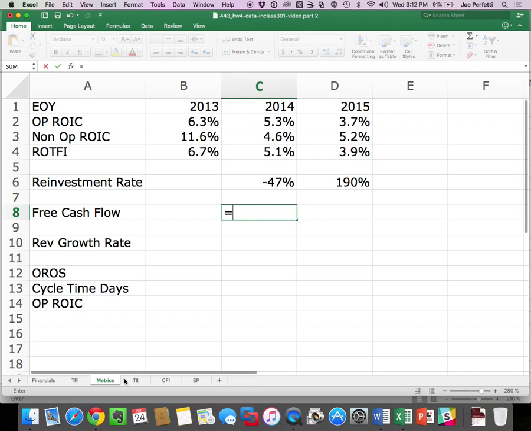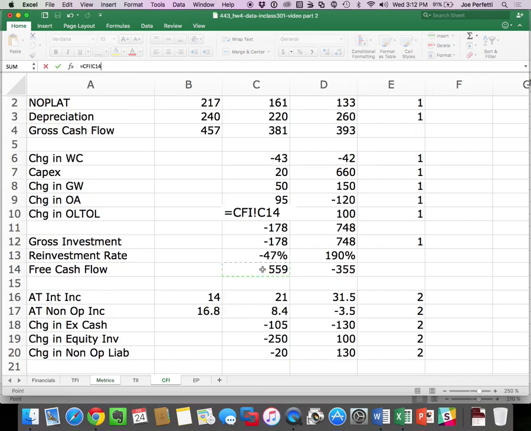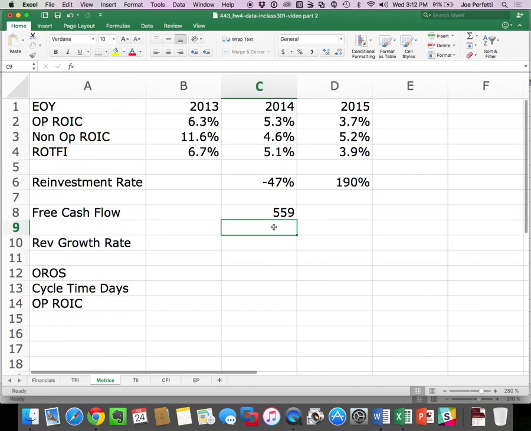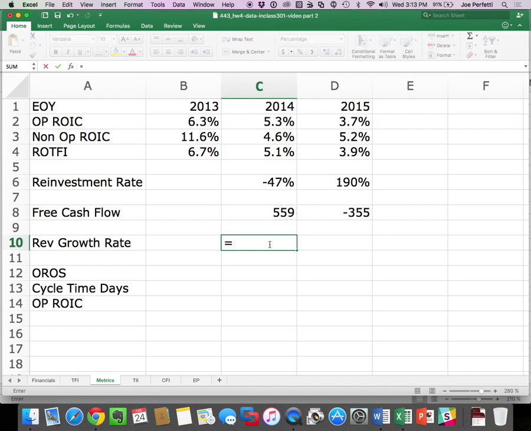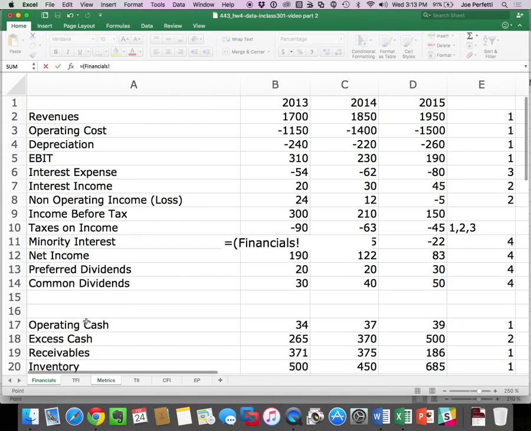Am I generating more than I spend? Right off the CFI. Growth rate in sales, right? Well, what is my revenue growth rate? That's just math. I take current year sales minus previous year sales divided by previous year sales.